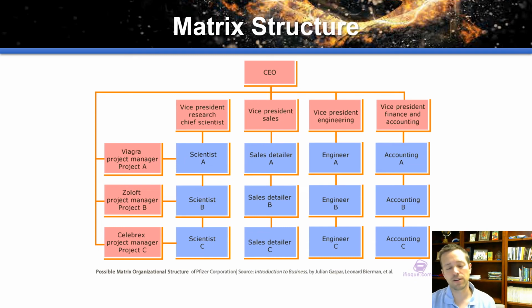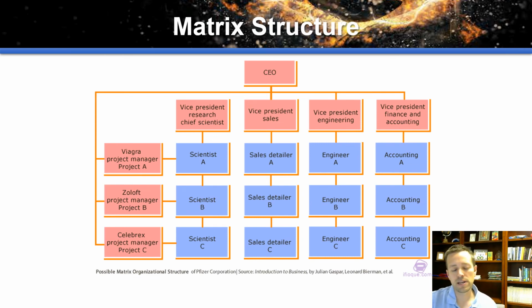And then this is two-dimensional. You could actually add a third dimension, a geographic region, and make it a matrix with 3 dimensions, and they could answer to a country manager as well, which some organizations have done. And so the good part of this was that we have the expertise, right?